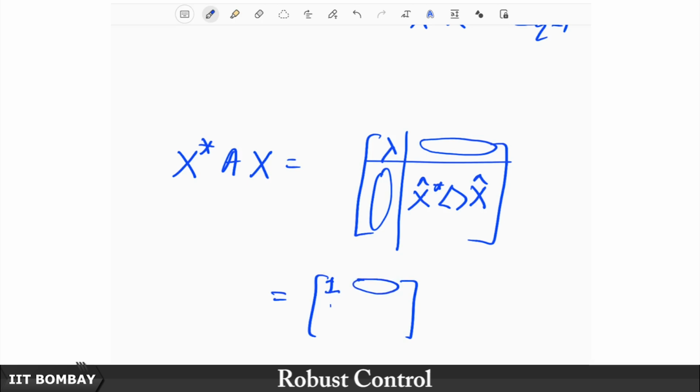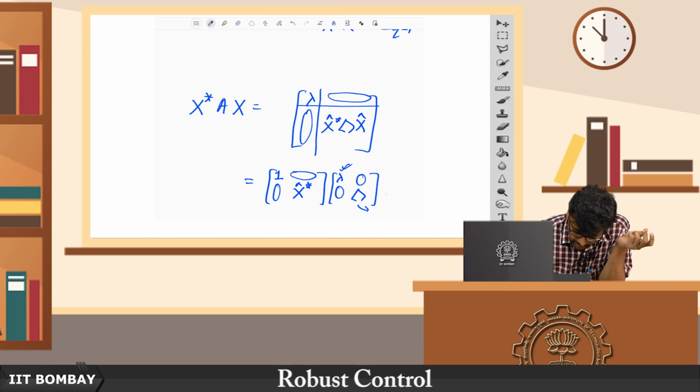with zeros here, x hat star. Convince yourself that this is indeed so. Notice that this is a single scalar and this is also a diagonal matrix, 1 0 0 x hat.